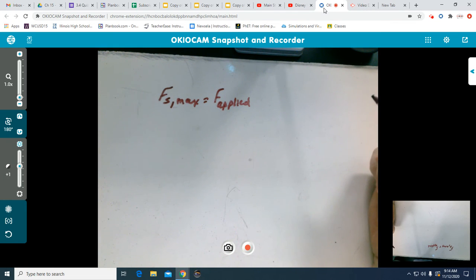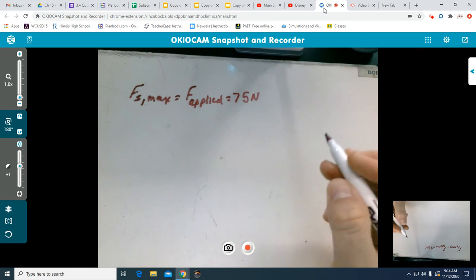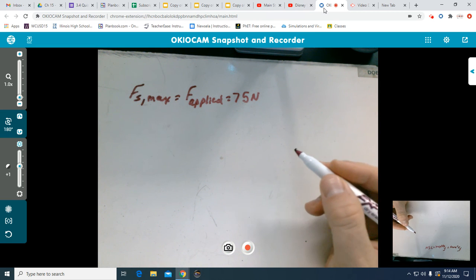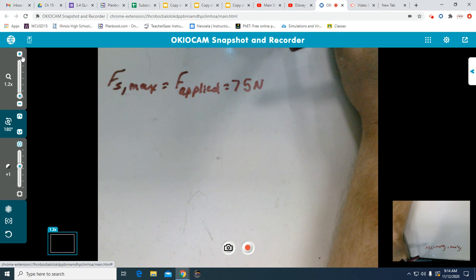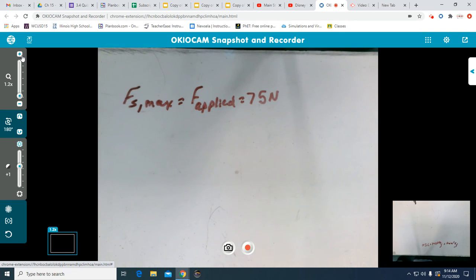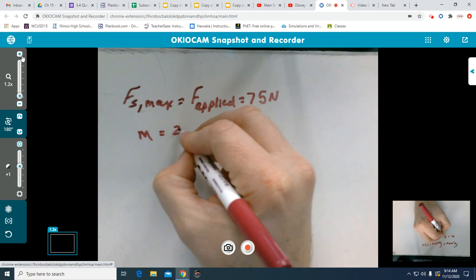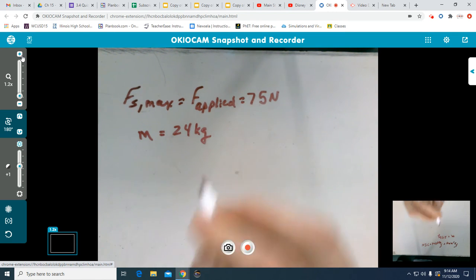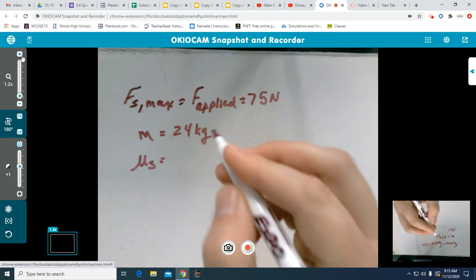Force applied is probably better suited for this question because a force was applied to this crate, and in this case it was 75 newtons. Next, we know that the mass is 24 kilograms. What we don't know is the coefficient of static friction.